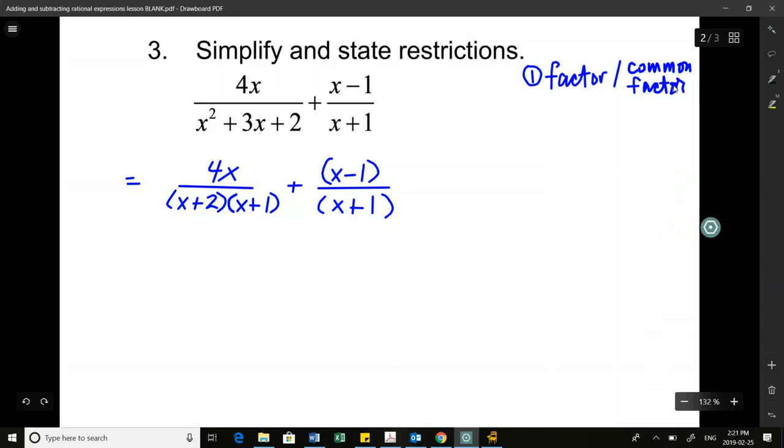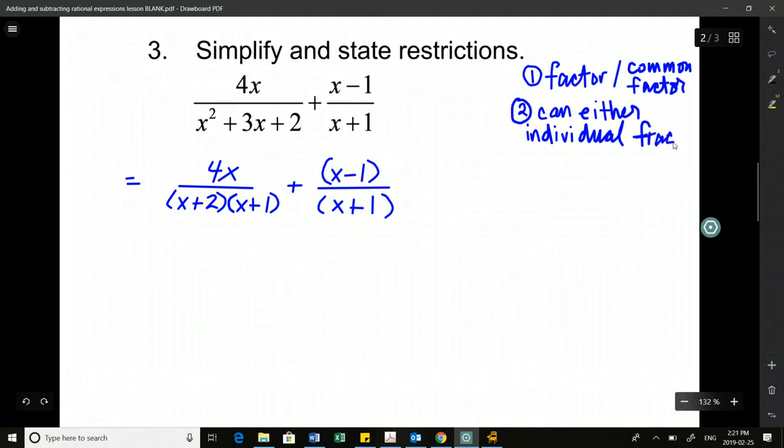So that's the second thing that I look for. Can an individual fraction be reduced? Kind of like we did in that second question there, but no cross reducing. If yes, of course, do so.